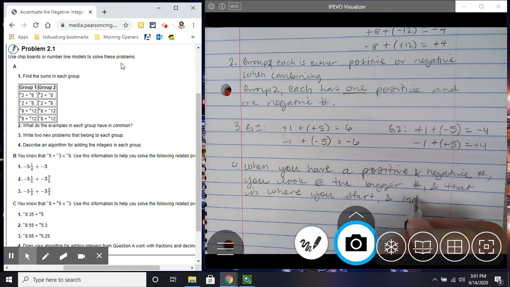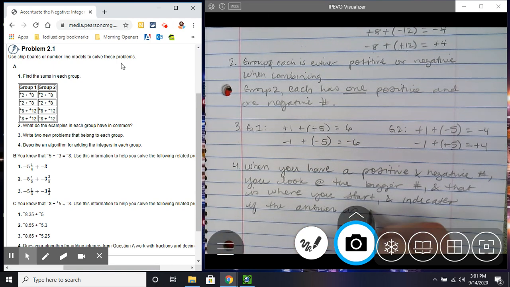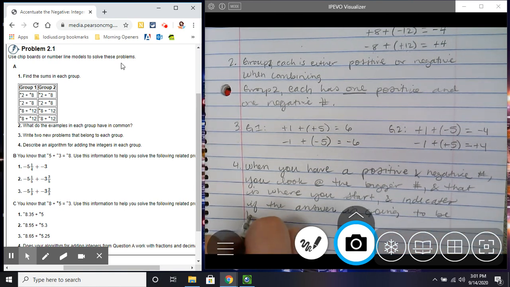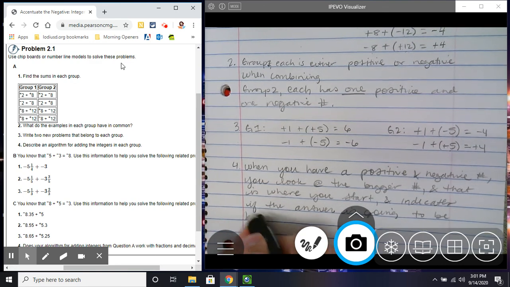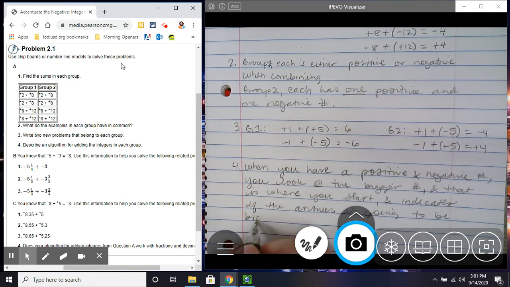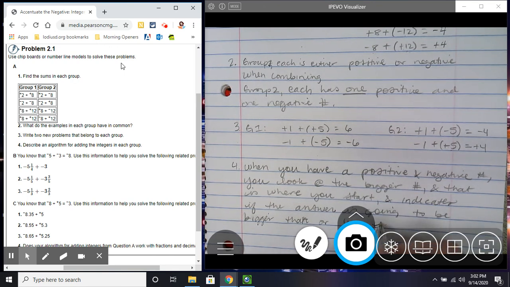And it indicates if the answer is going to be bigger than or less than.